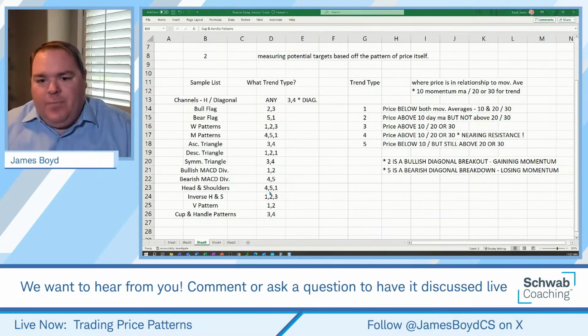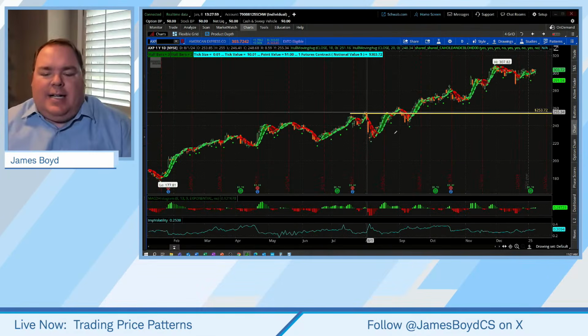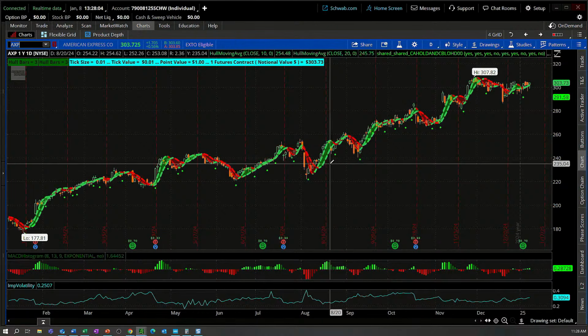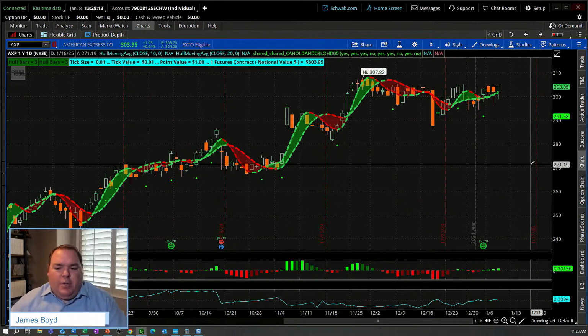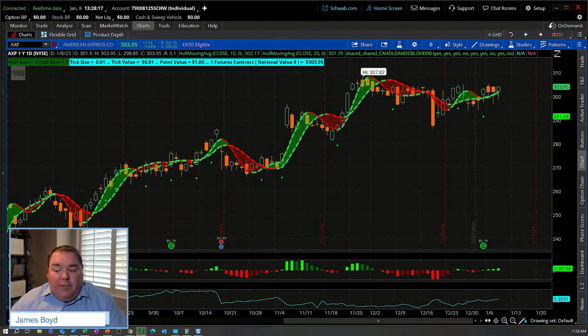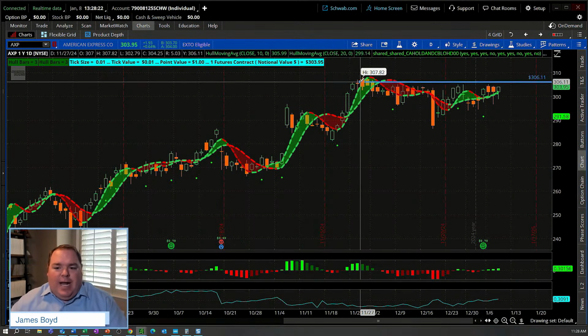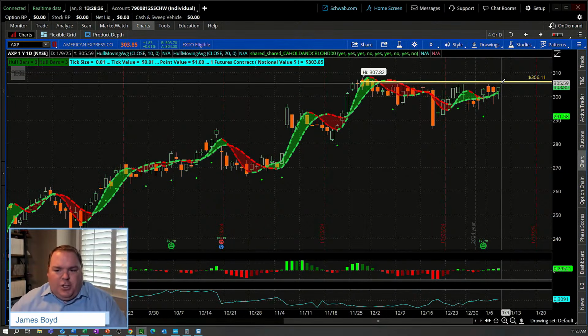Connecting the dots here, I want to bring up an example. If I looked at AXP, what type of price pattern would you say? Any type of price pattern? Now, let's do a trade on this. I'm going to go back and draw support and resistance. I think a lot of us might draw a line about right there, maybe where we had some touches.